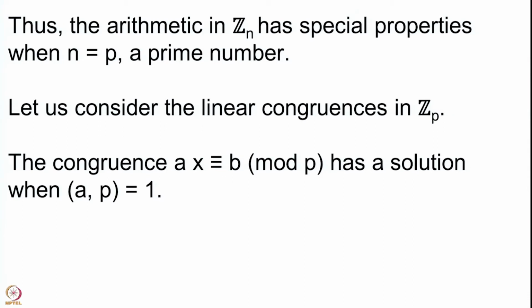Now, p has the property that when you look at Z_p, only the 0 is the one which does not have GCD equal to 1 with p, but all other numbers have GCD equal to 1 with p, and therefore Ax equal to b mod p will have a solution whenever A is not 0 in Z_p.